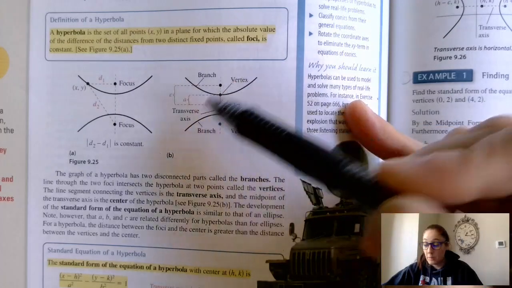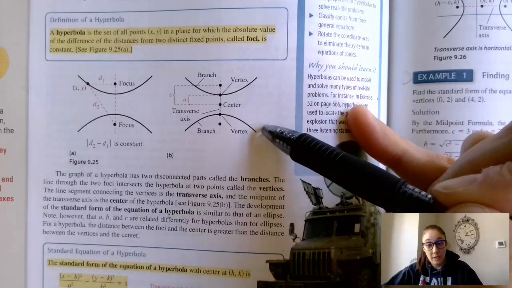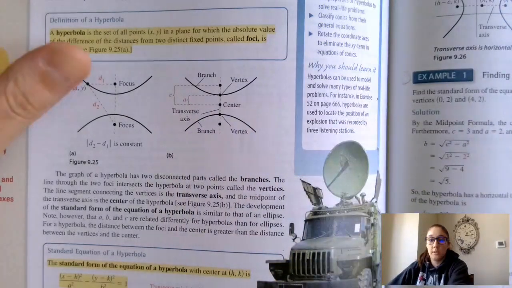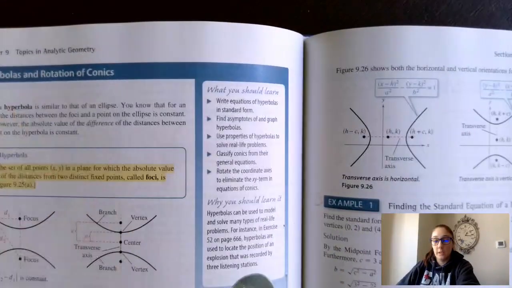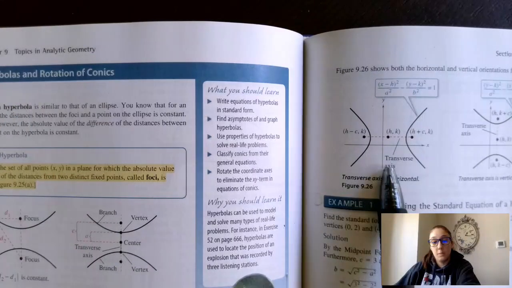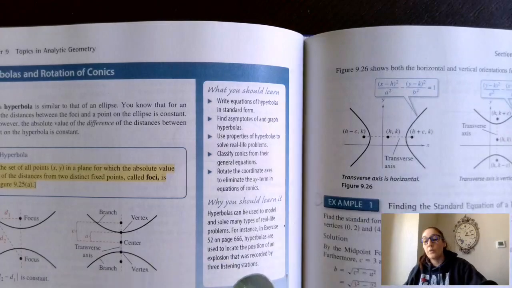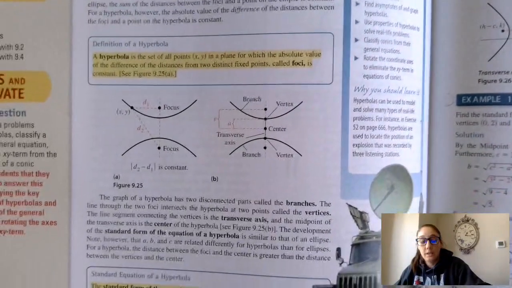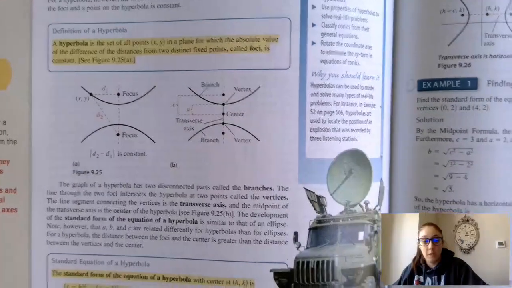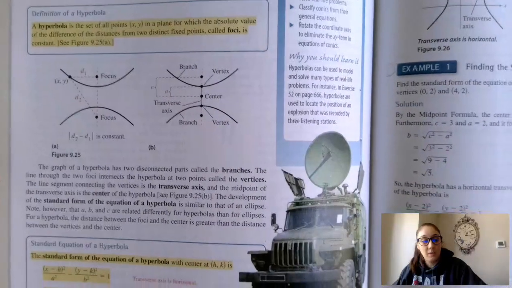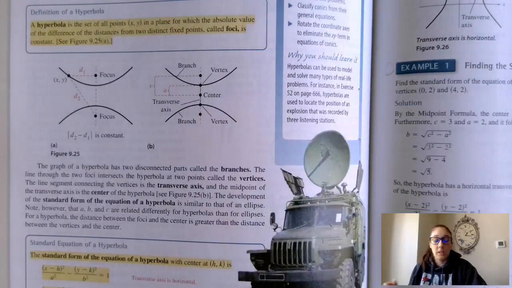In this case, one points up and one points down. Sometimes a hyperbola can have branches that open left and right. So there are two different ways that hyperbolas can open, just like an ellipse also has two variations: it can be long horizontally or long vertically.